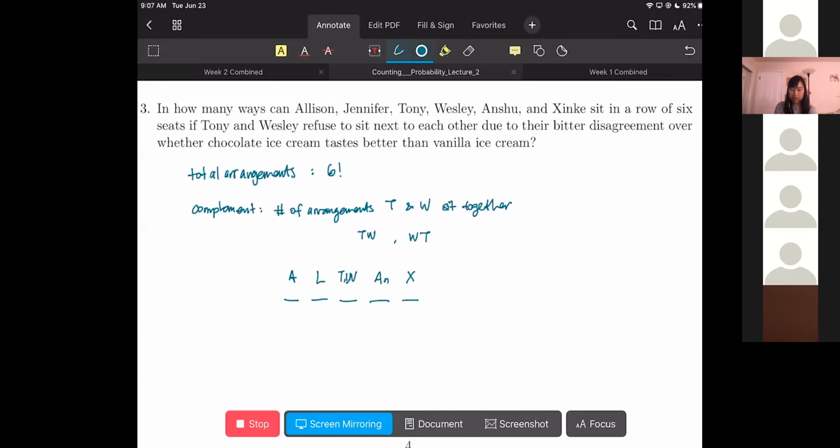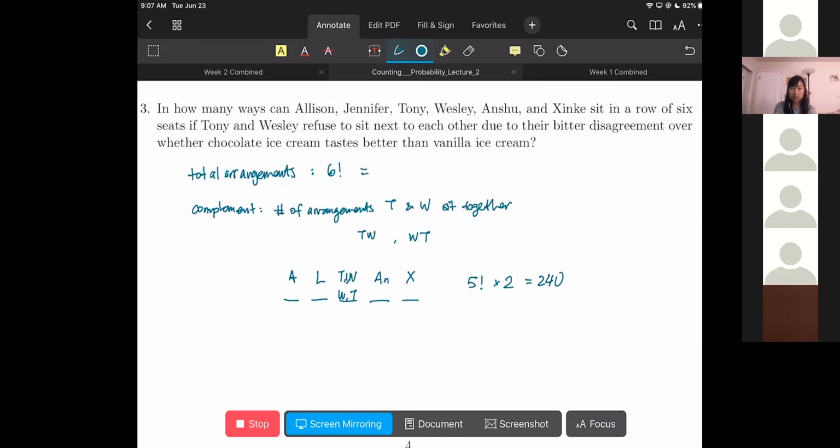And so we can arrange these 5 things in 5 factorial ways. And then, as was mentioned, for Tony and Wesley, we can arrange them as Tony and Wesley or Wesley and Tony. So we want to times 2 for that. So this gives us 240.